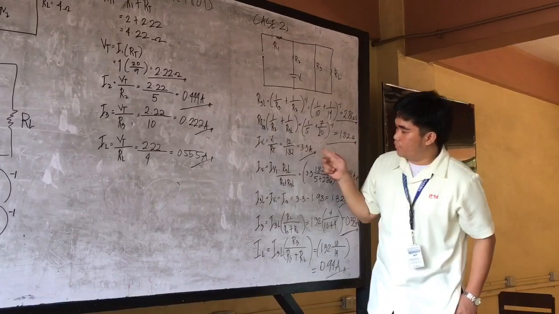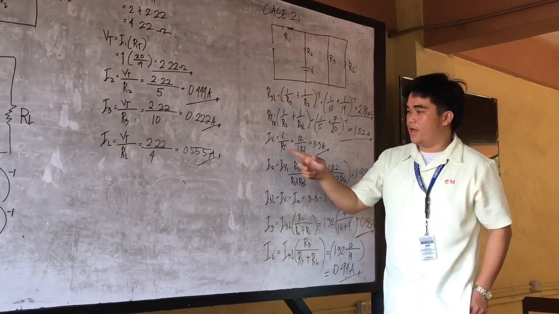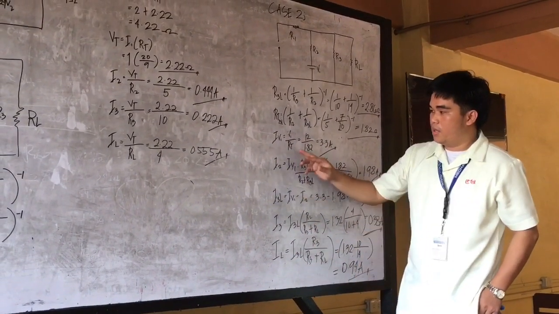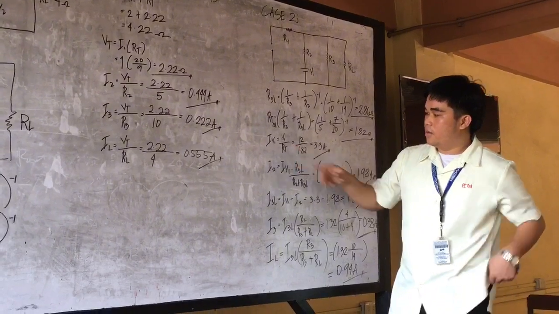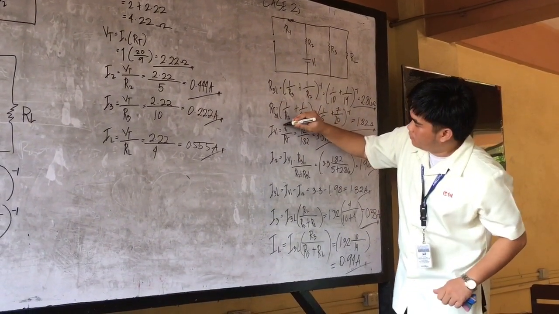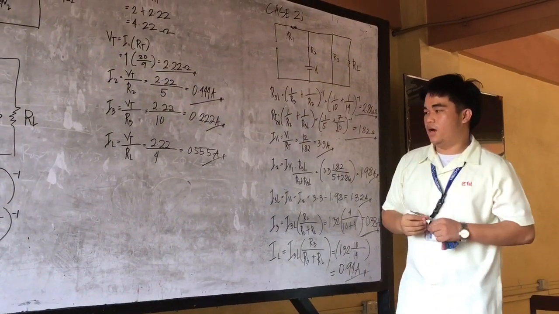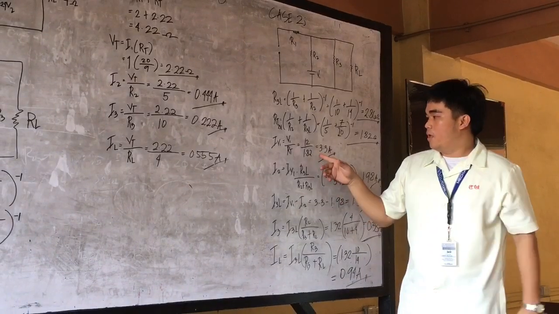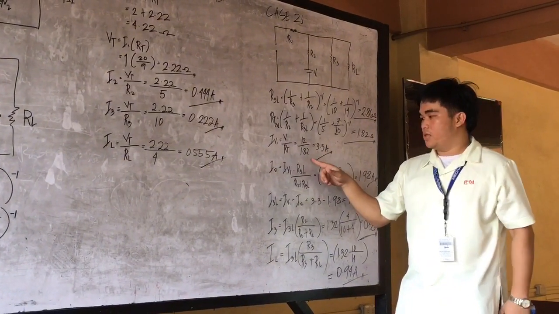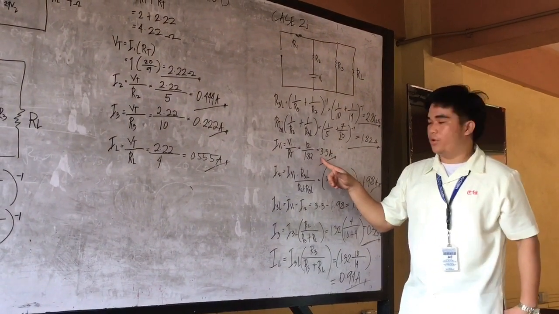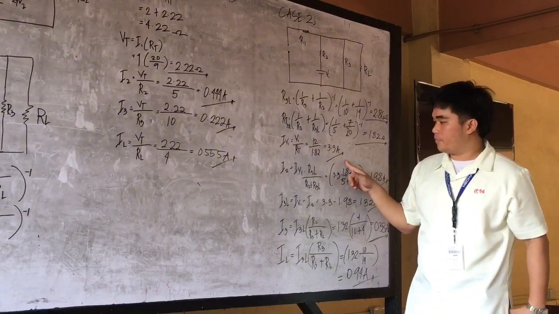Then next we have to calculate the current I V sub 1. Our formula is V sub 1 over the R total. So 12 over 1.82 is equal to 3.3 amperes.